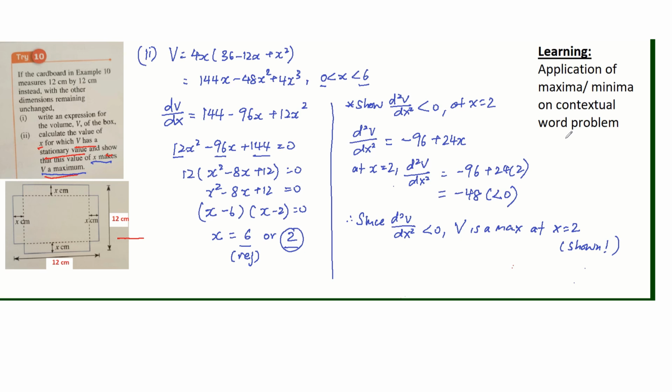The only thing that is slightly more challenging is, for example, try 9, where you are supposed to express y in terms of x first before you can go on to express the area in terms of x. So these are the questions that I'd like you guys to try with the remaining time in class. And if you can't finish, you may bring back and finish it up over the weekend and submit to me on Monday.